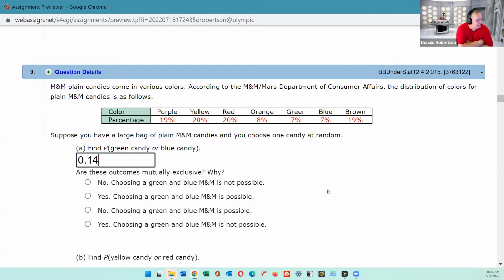How do I know it wanted that number and not 14%? Point 0.14. Say again, Brandon? Because it's out of 1. Well, 1, that's true. They are out of 1, but it's a simpler clue than that.